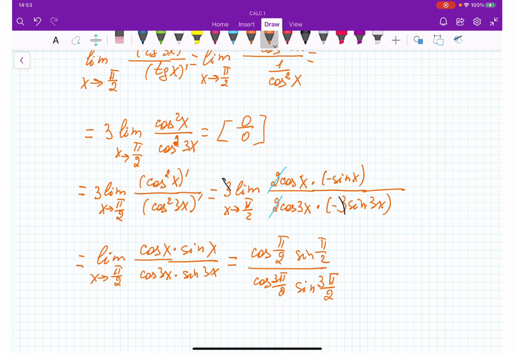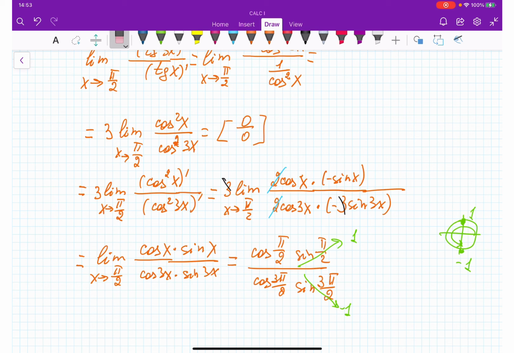Now, what do we get here? It's going to be 1. It's going to be negative 1, because this one is at pi over 2, right? Right here, sine is 1. This one is right here, 270 degrees, sine is negative 1.